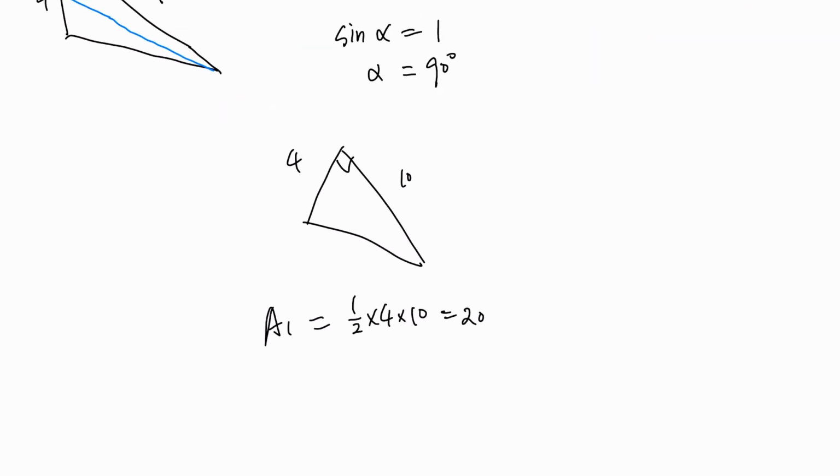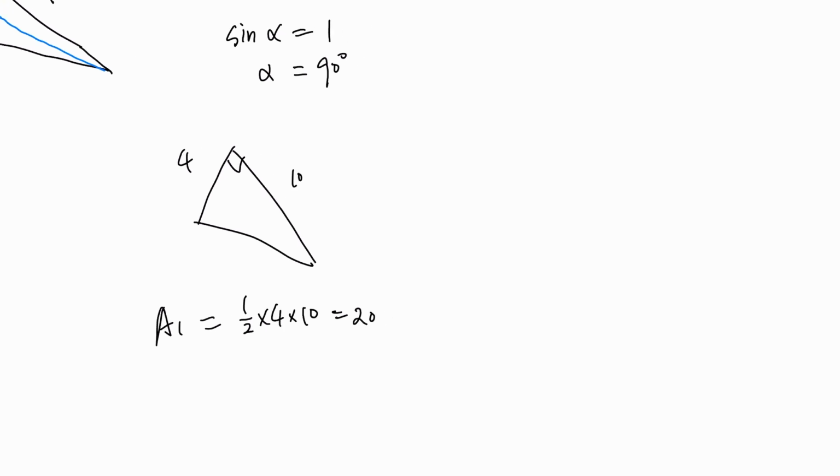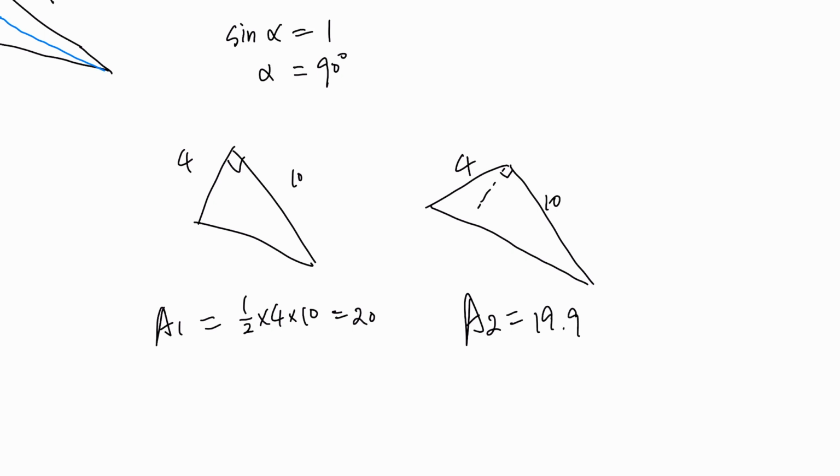If you lessen the area a little bit, let's say to 19.9, then there will be a triangle looking something like this, a little bit greater than 90 degrees, so the area A2 might be, let's say, 19.9.